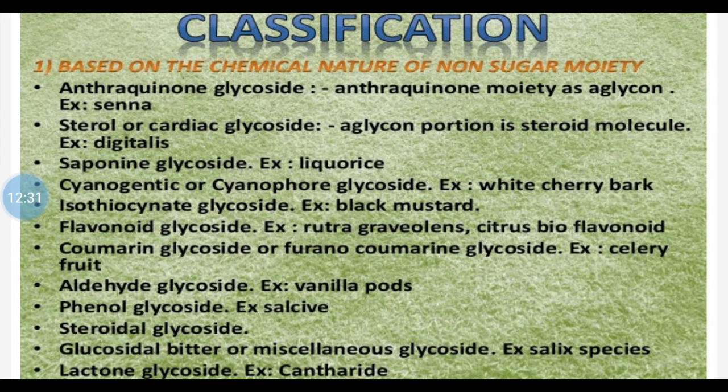Flavonoid glycosides, where the example is Ruta graveolens. Coumarin glycosides, where celery fruit. Then aldehyde glycosides, for example vanilla pods. Phenol glycosides, example salicin.